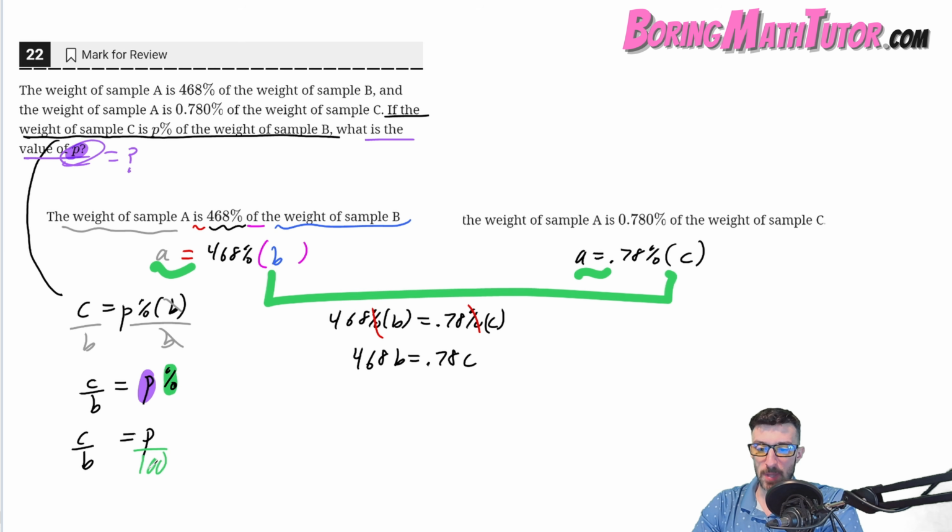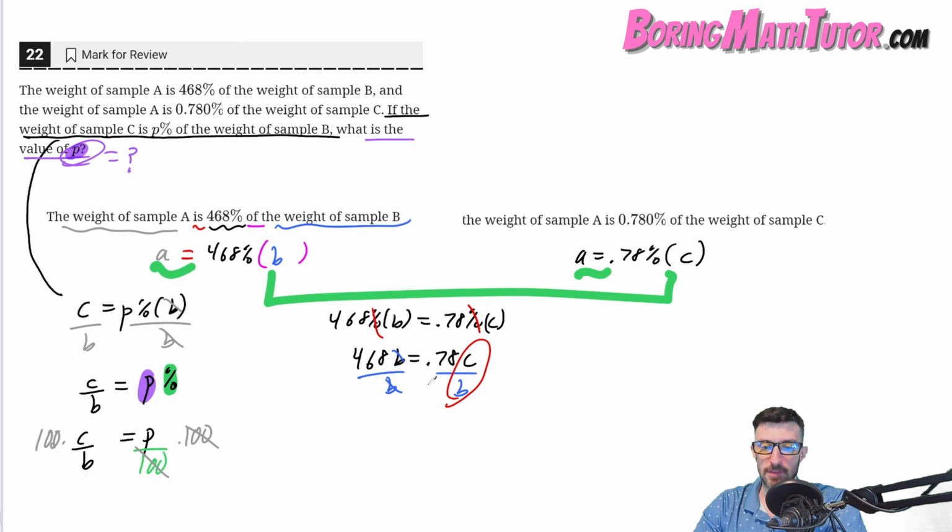So that means I now have P over 100 equals C over B, and I should multiply both sides by 100, and that'll cancel out the 100 down there. Now you'll have 100 times C over B. But I now need to use this other thing to figure out what C over B is. One way to do that, it's kind of fun, is where you divide both sides by B, so that way C over B shows up. And how would I get C over B on its own?